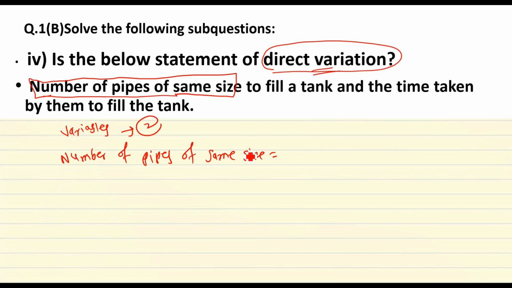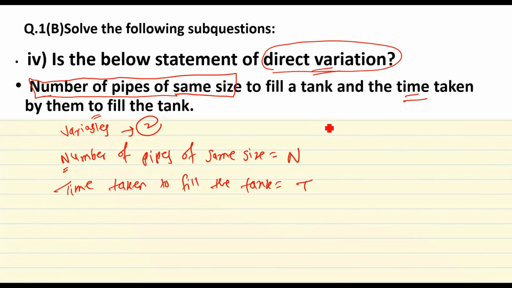So the number of pipes, I will use the letter n here because the word number appears there, and to fill the tank, and the time taken. So time taken to fill the tank, I will take as T.